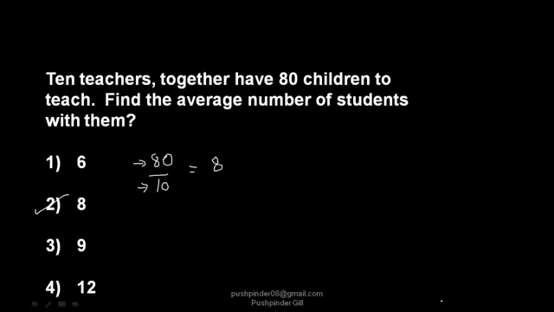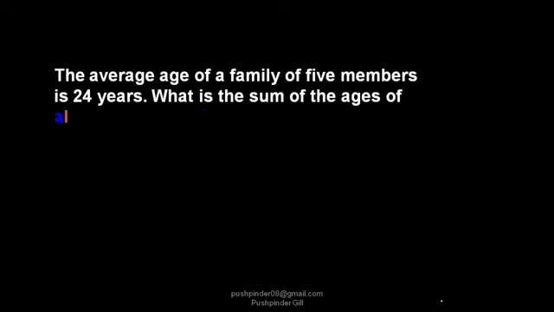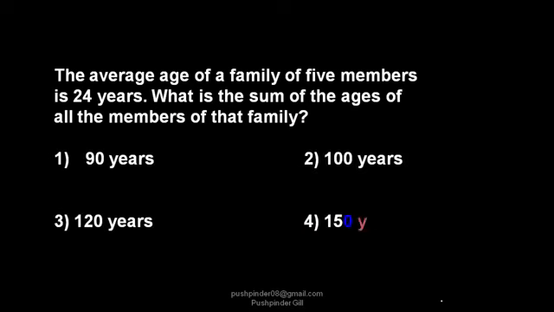Now, just to get you warmed up, let me give you simple questions so that you understand the meaning of average. Let's suppose there are 5 members in a family, and the average age of the family is 24 years. What is the sum of the ages of all the members? The number of items is 5 and the average is 24.